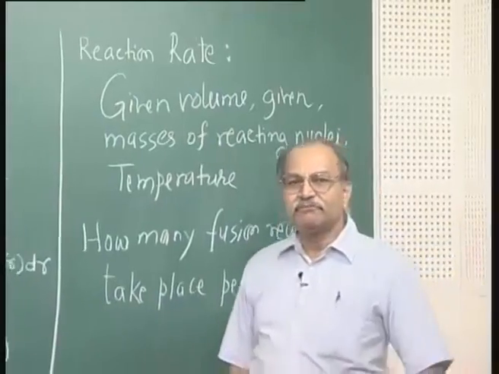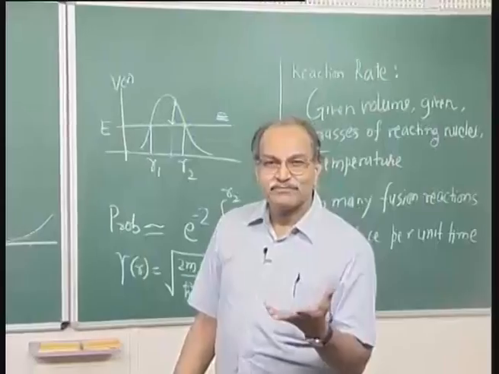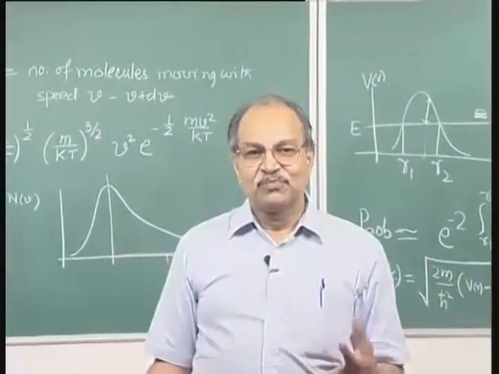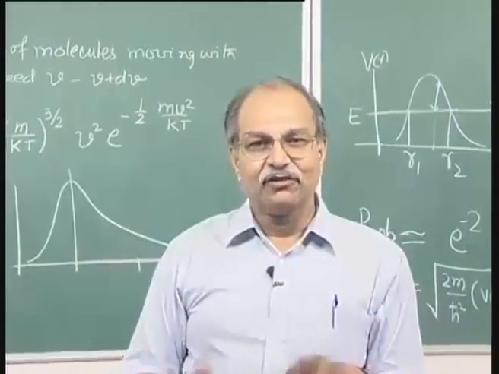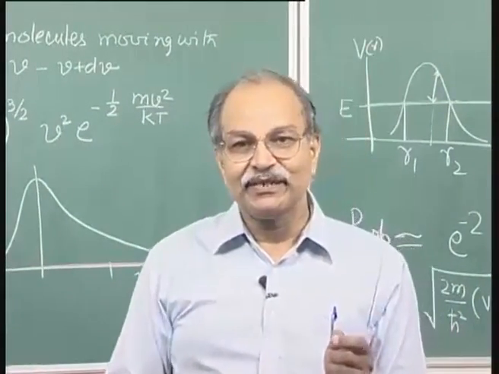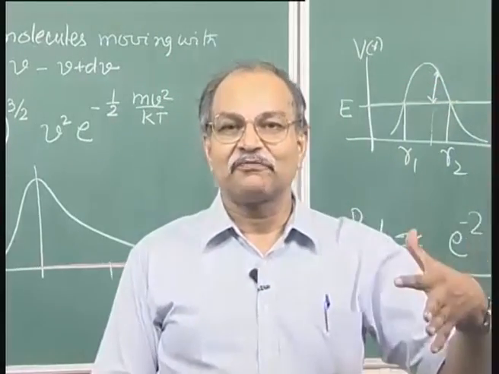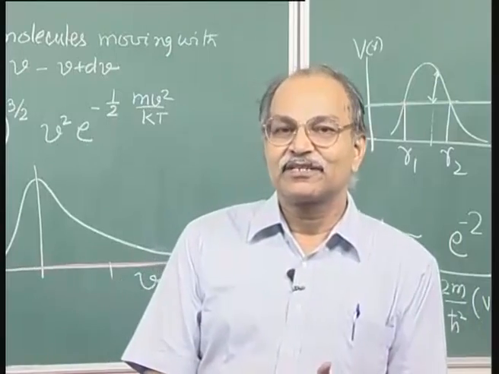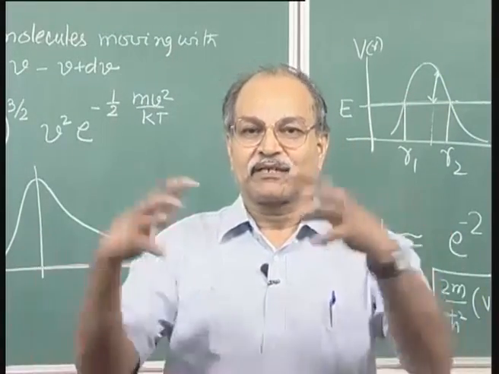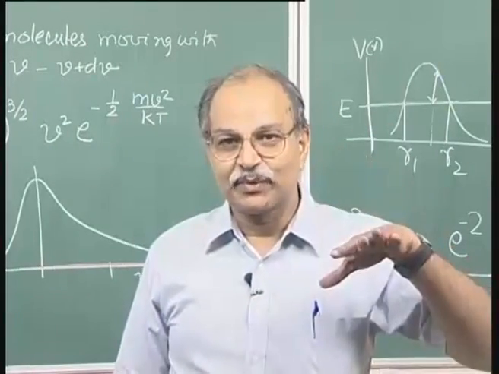So, first it will be proportional to the concentrations, that is almost obvious, understandable. If it is different species x plus y and you put a large concentration of x and a small concentration of y, then also it will not help. So, the product of concentrations. That is quite obvious.